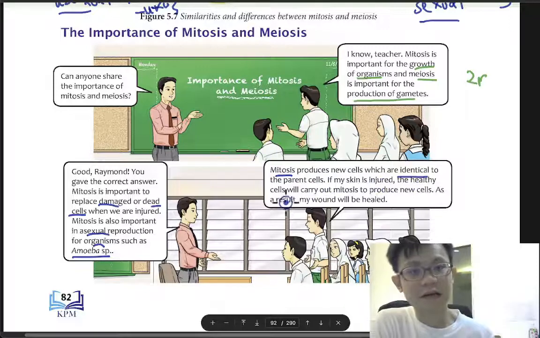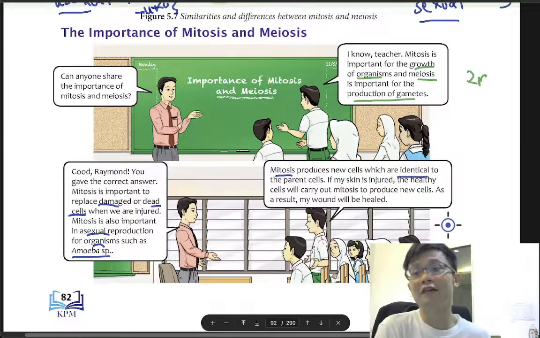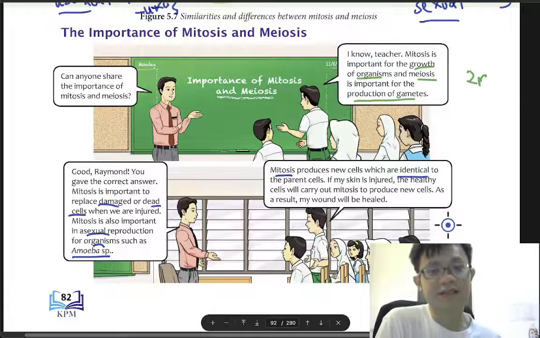If my skin is injured, healthy cells will carry out mitosis to produce new cells. As a result, my wound will be healed. Yes. So we want to make sure the healing process, the mitosis, is fast.